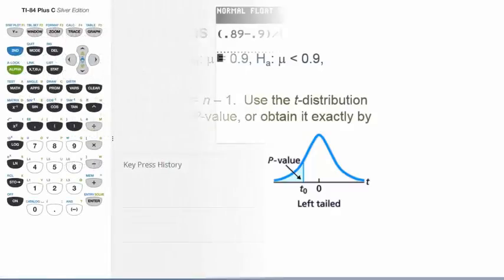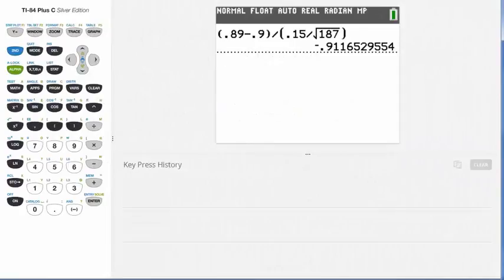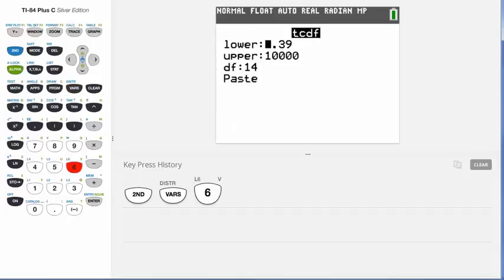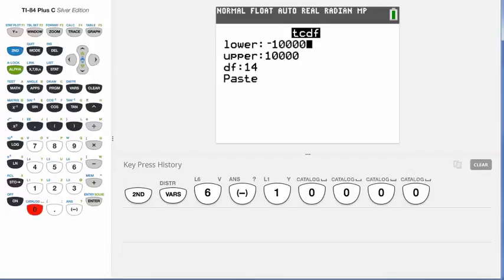Going to our calculator, second distribute, we want T CDF, which is 6. Since this is to the left, we want our lower limit to be a really small number. I'm going to use negative 10,000. And our upper limit is going to be our test statistic, which is negative 0.91.